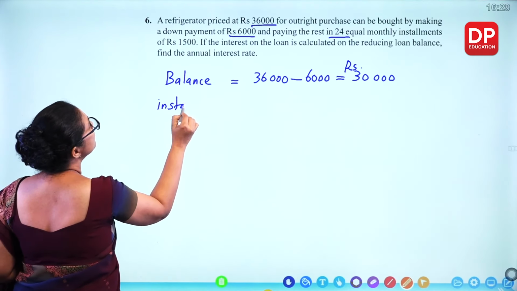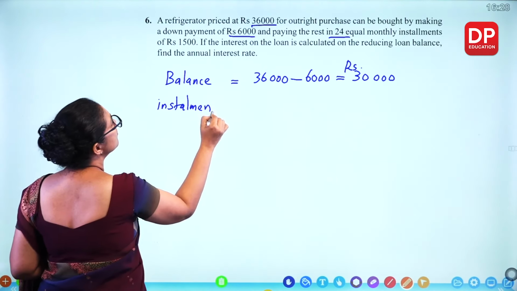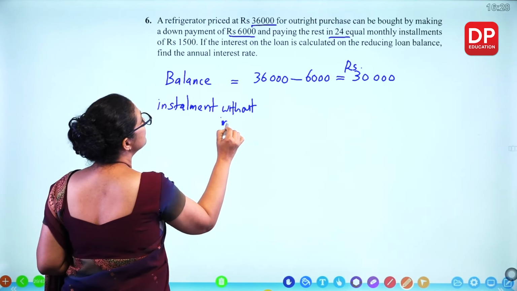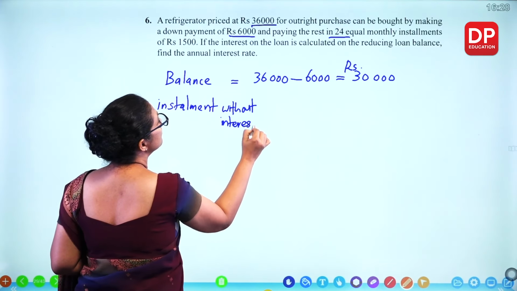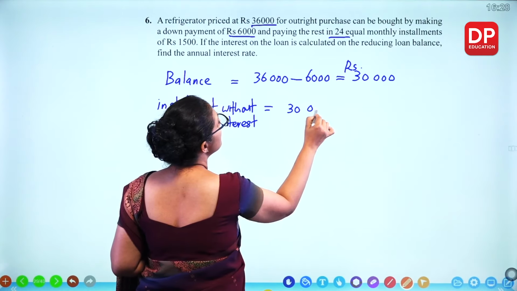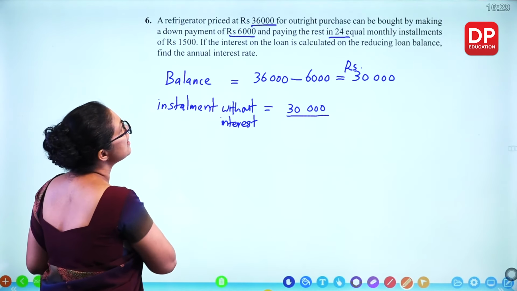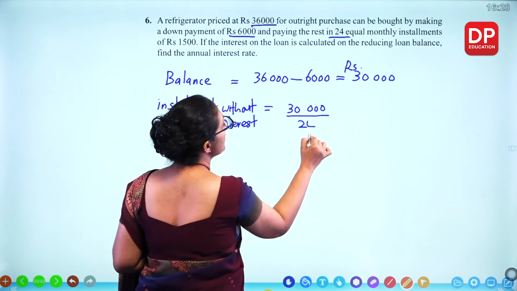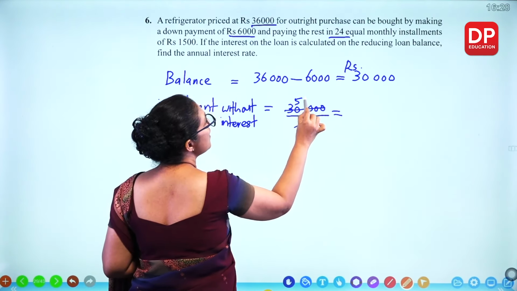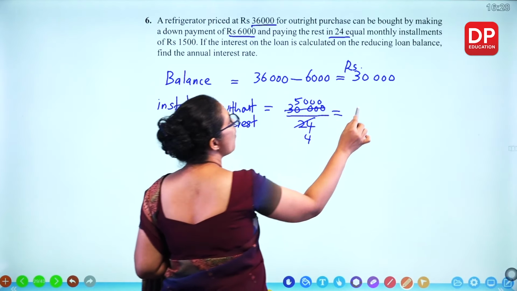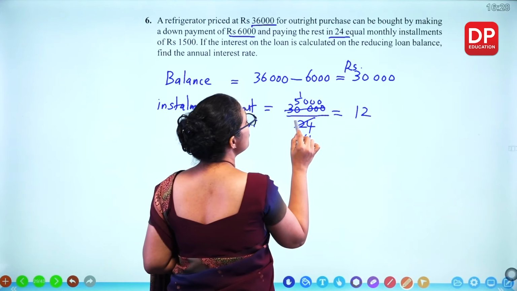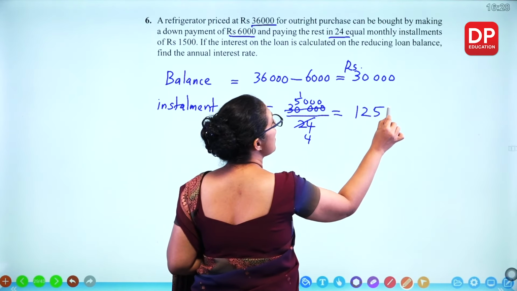Installment without interest is 30,000 divided by how many months? 24 months. 6 times 4, 6 times 5. 5,000 divided by 4. 4 times 1, for 10 that's 4 times 2, 8 for 20 that's 5.